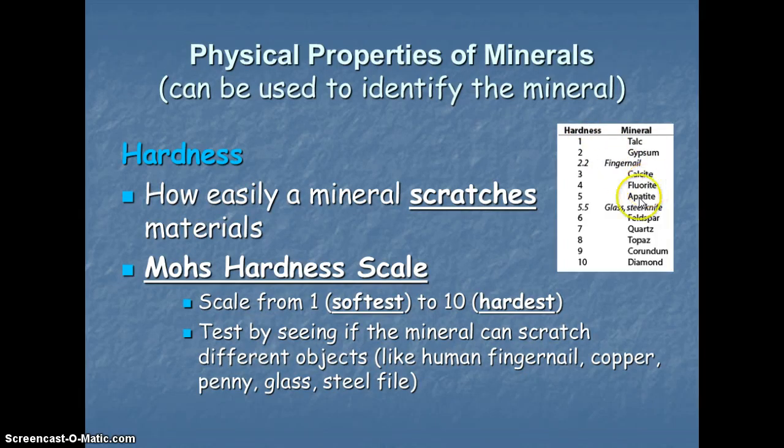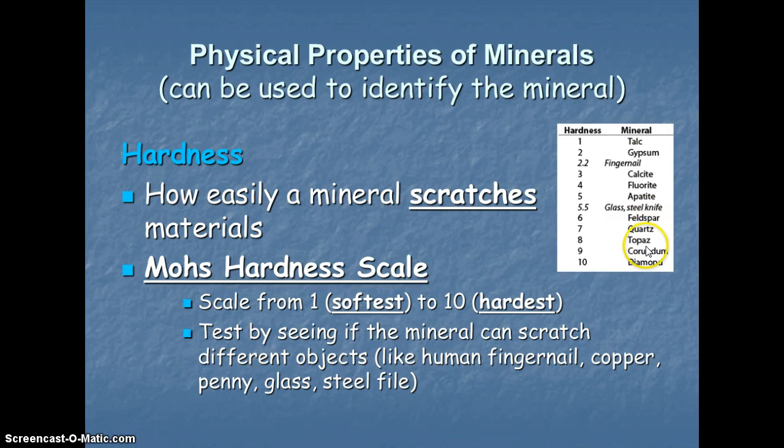And if you look at the Mohs hardness scale, the softest mineral is talc. Talc can be scratched by fingernail and also by gypsum. Both gypsum and talc would be scratched by a fingernail. Calcite, fluorite, and apatite could be scratched by glass and a steel knife.